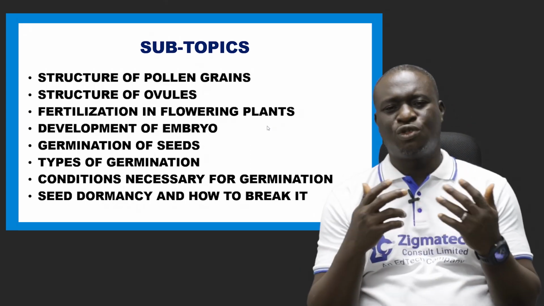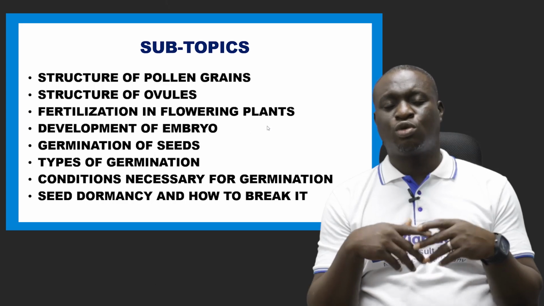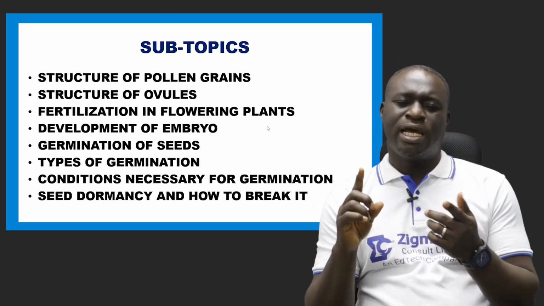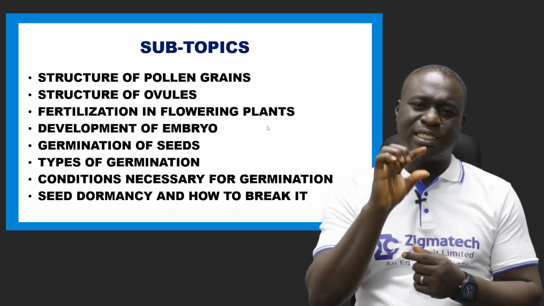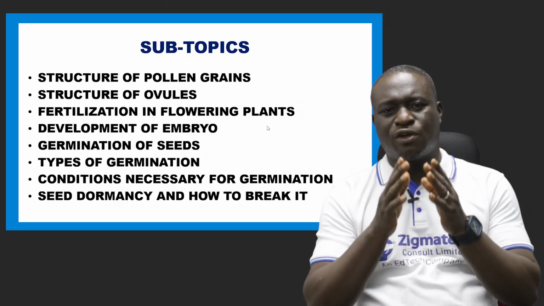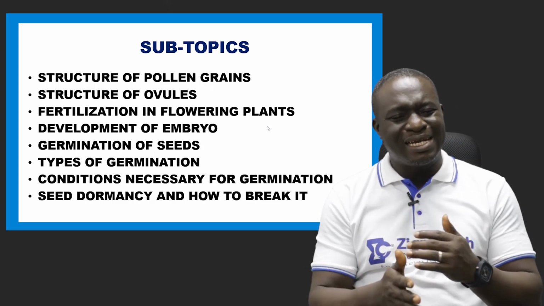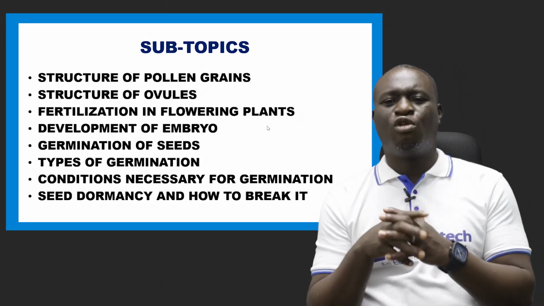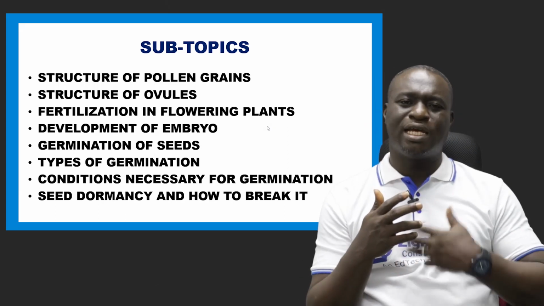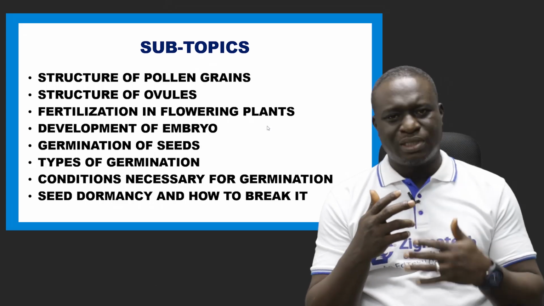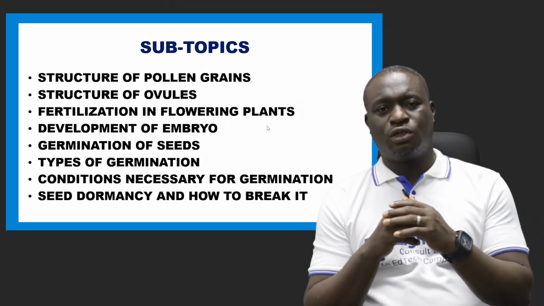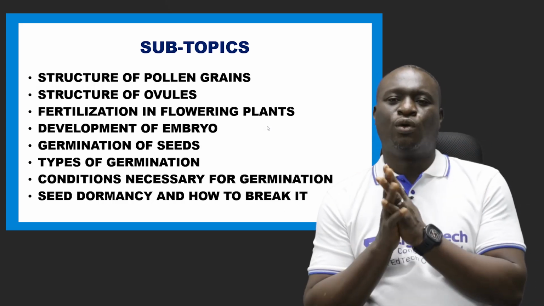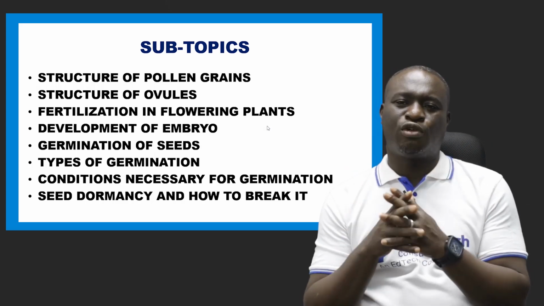The carpels, also known as the gynoecium, the female reproductive part of a flowering plant, consist of the stigma, which is on top, and a style, which is a tube that links the stigma to the ovary. Inside the ovary, we have the ovules, which contain the ovum or eggs that must be fertilized to give rise to young plants. So we're going to be looking at the structure of the ovules.